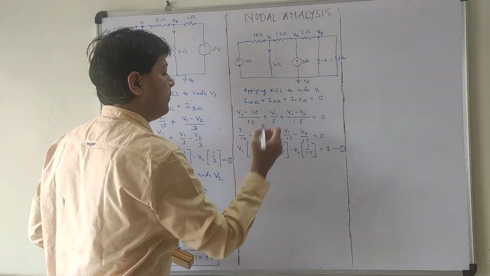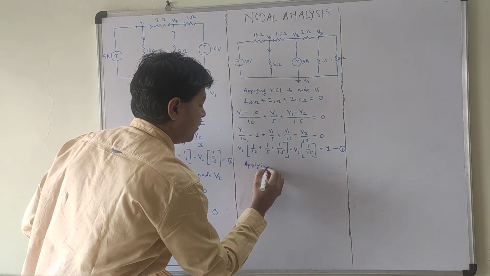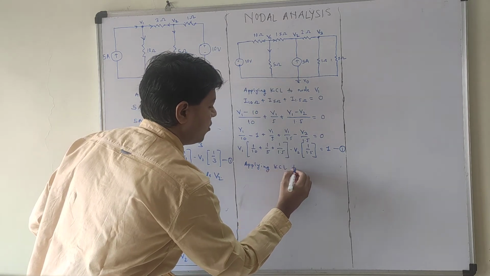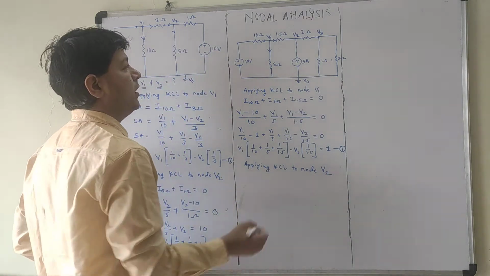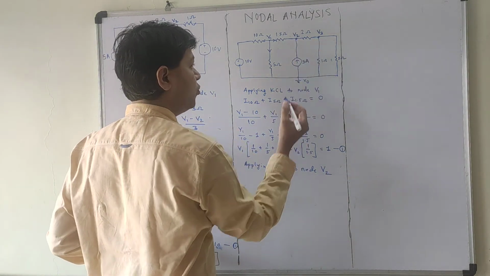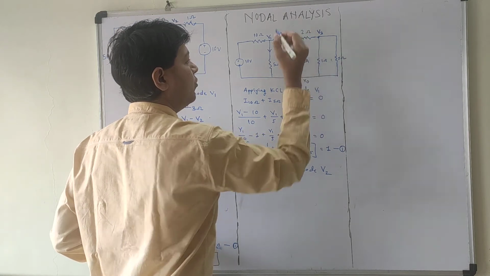In the same way, we will apply Kirchhoff's current law to node V2. Now, what will happen at this node 2? As this current source is there, the incoming current is equal to the outgoing current.